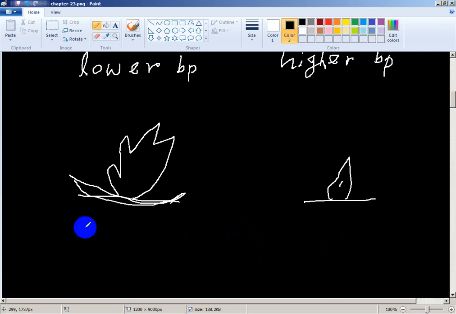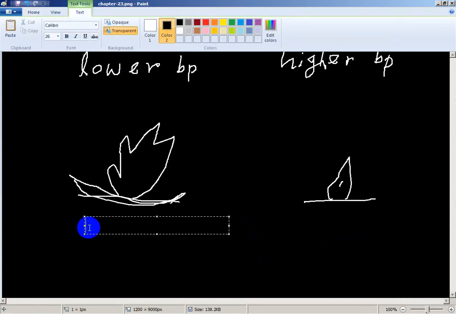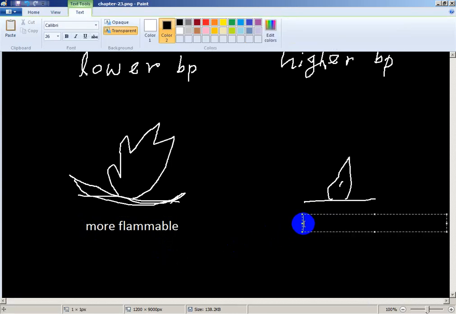Like natural gas, methane, is more flammable. Flammable means how easily a substance catches fire.